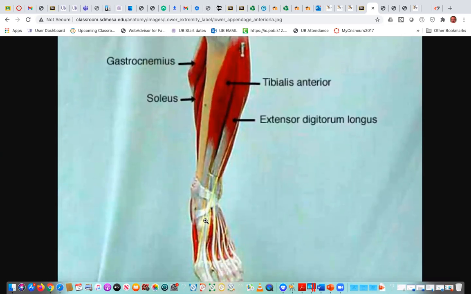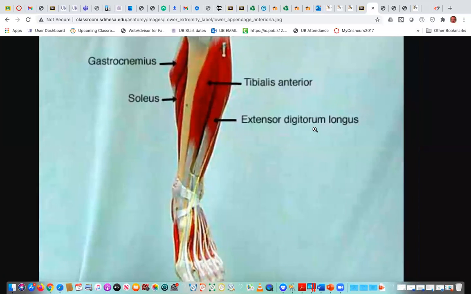It's when your heels are on the floor, your calcaneus is on the floor, and you bend your ankle, your toes come up, the plantar surface of your feet come up, but your heels are still on the ground. That's called dorsiflexion. Plantar flexion is when you step on your tippy toes. That's plantar flexion. So dorsiflexion, any muscle that's in the anterior compartment will dorsiflex the foot.